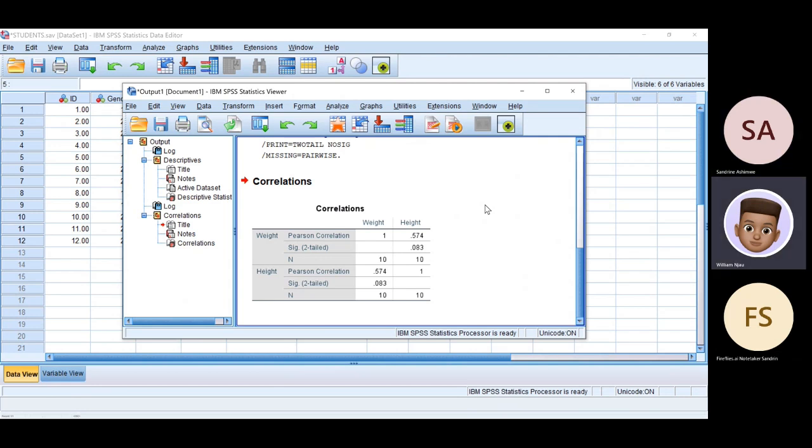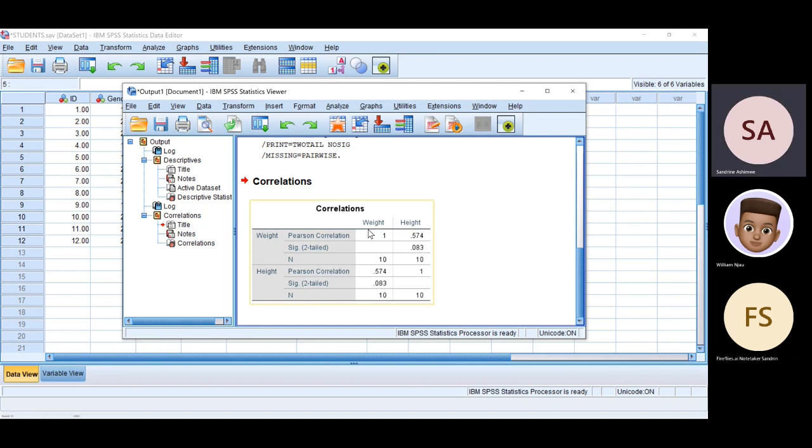Those rows and columns intersect. Where there are intersections, that is where the results are for the correlation. And where a variable has intersected with itself, we normally say that's a perfect correlation, meaning you get a 1. A positive 1 rather. Can you see where weight and weight intersect and where height and height intersect, there's a 1?